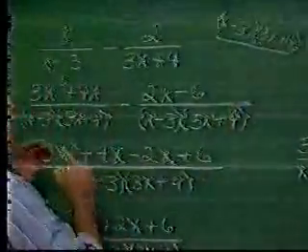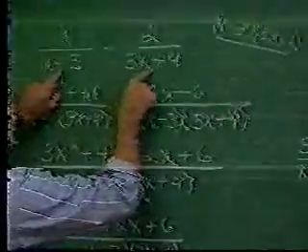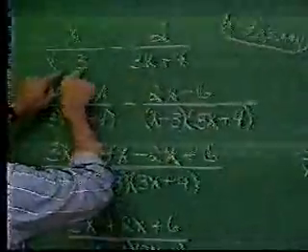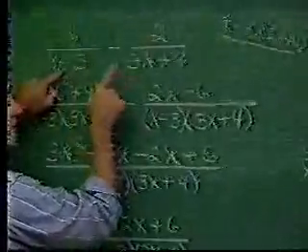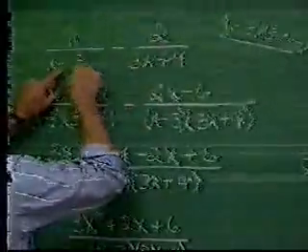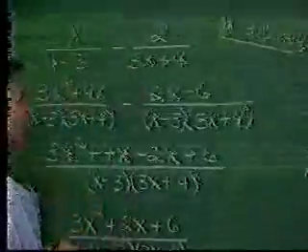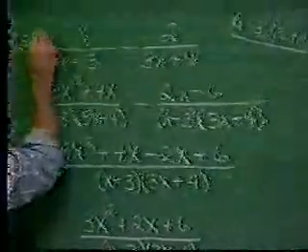Now, in order for us to change these fractions into new ones that have that common denominator, we'll need to multiply in the missing factors, the factors in the common denominator that are missing in each of these denominators. All right, this denominator is missing the 3x plus 4, so we'll multiply here by 3x plus 4 over 3x plus 4.